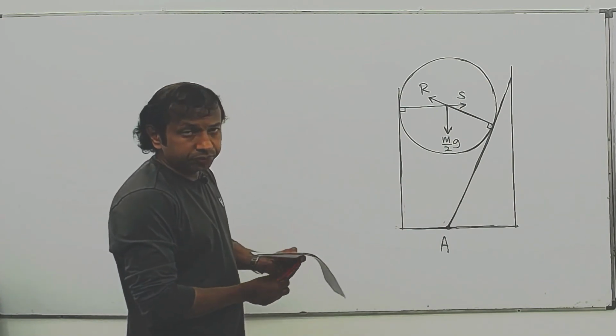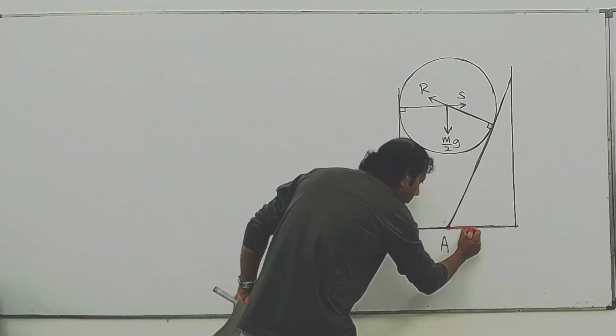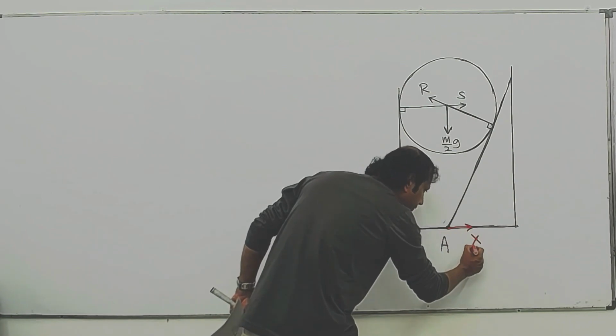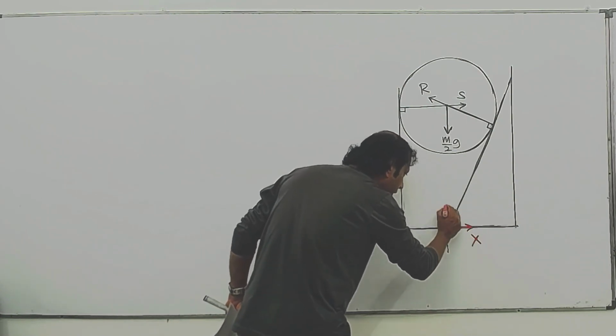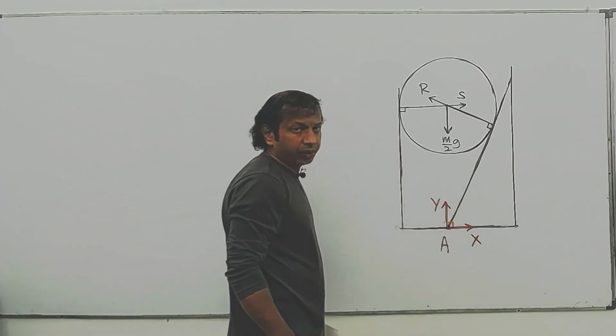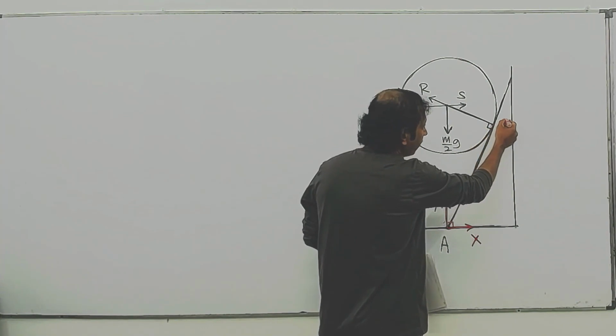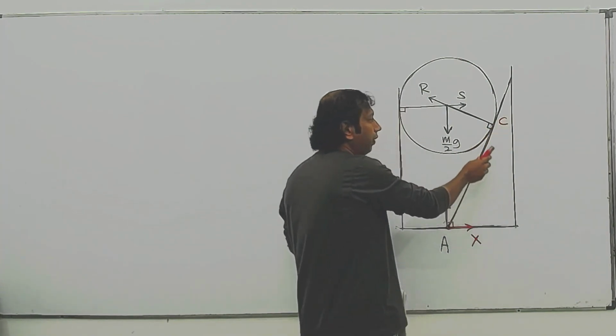rod. Right. Here at the hinge, the two components, x here, y here. They are perpendicular to each other. Here, people, this point is given in the question as C. Right.